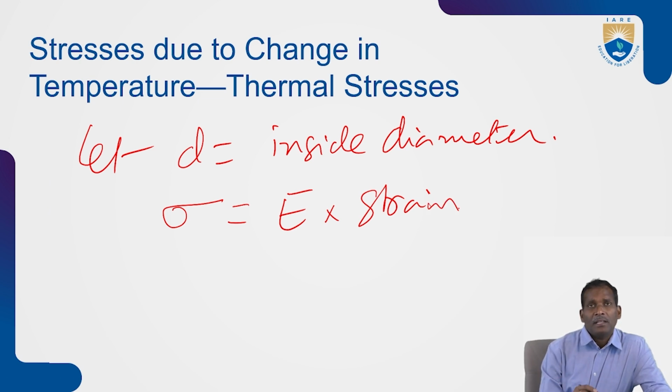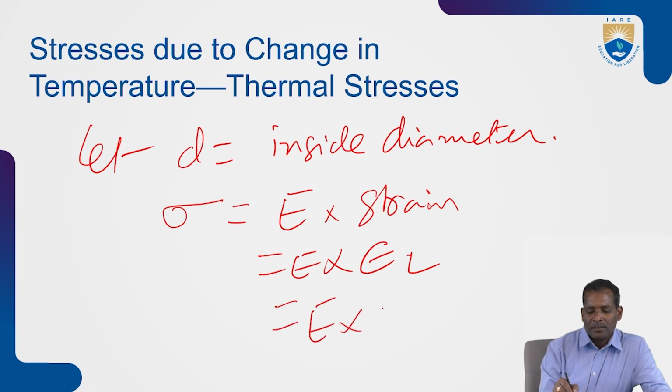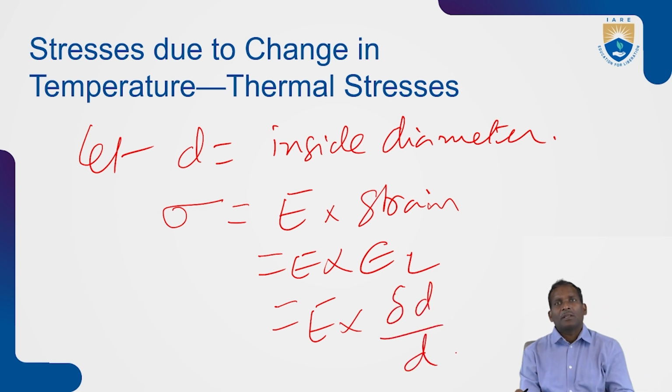Which type of strain here? Lateral strain. So E multiplied with lateral strain, that is epsilon L. So what is this lateral strain? It is delta D by D. So diameter will be increased.